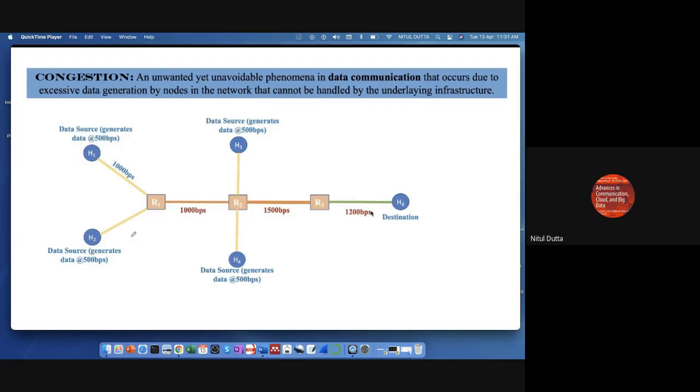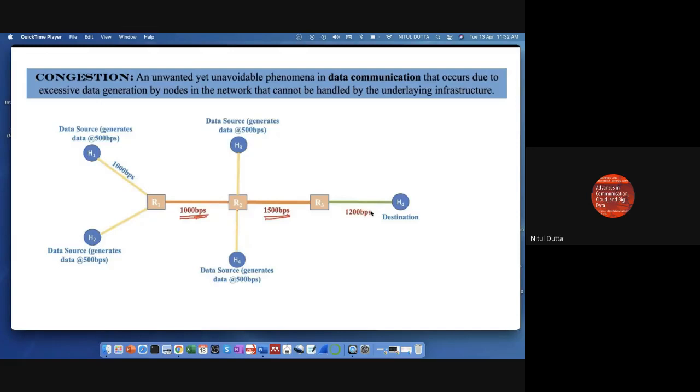Here, the network comprises three different routers, R1, R2, and R3. R1 and R2 are connected with a link capacity of 1000 bits per second. R2 and R3 are connected with a 1500 bits per second capacity link.